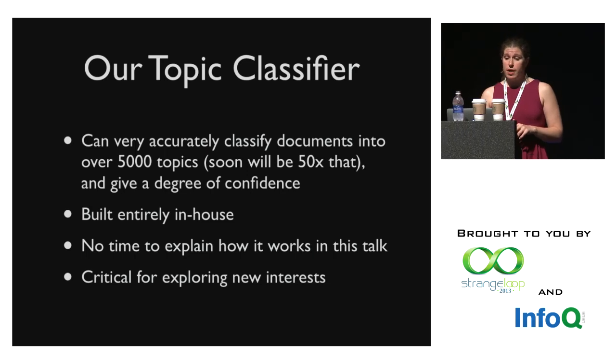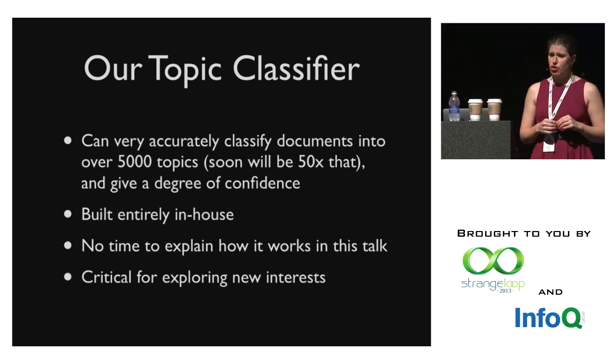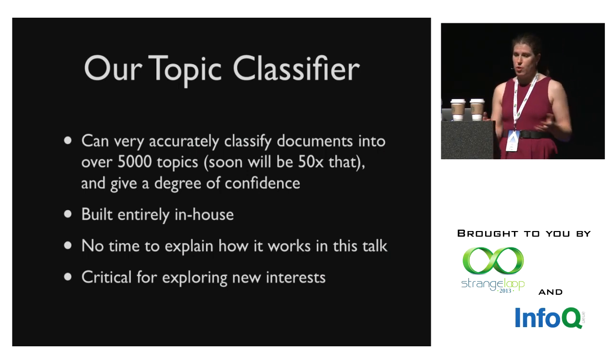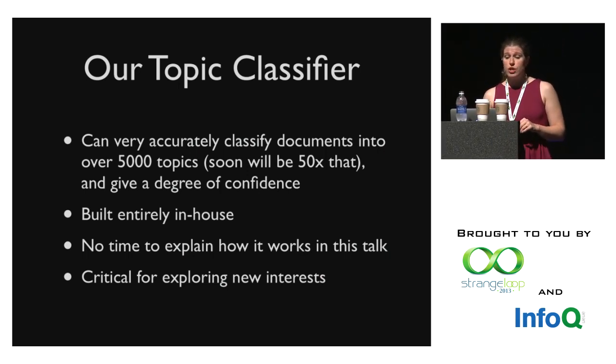These are the same topics that our users can add as interests, and which help determine which articles we show them. The topics are a critical component of our system for many reasons, including the ability to explore new interests, which is something we want our users to do. So when we show you the topics on an article, we don't just show you the topics that you're subscribed to, but all the topics that we can fit into the space provided.